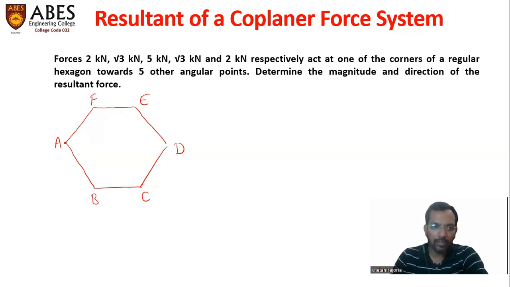So let us take all the forces in the same order as given in the question. The first force is assumed to be acting along this line AF, and the magnitude of this force is 2 kilonewton. The second force has a magnitude of √3 kilonewtons, and this force is acting towards AE.